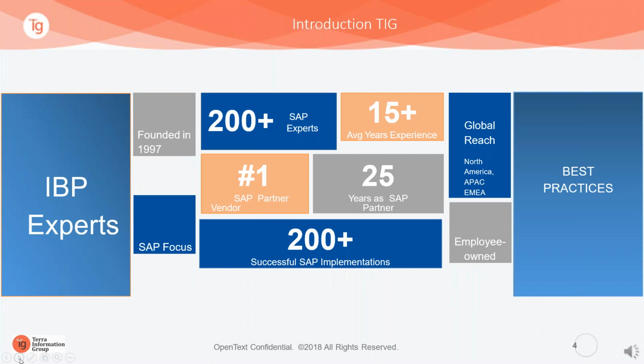Our focus again has been on IBP and SCM. That's our expertise and our focus, as I said, the last few years, and it's certainly an employee-owned and driven, customer-centric and customer-focused organization, which we're very proud of.